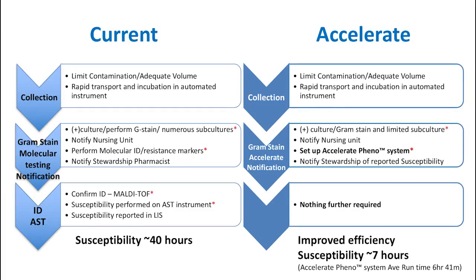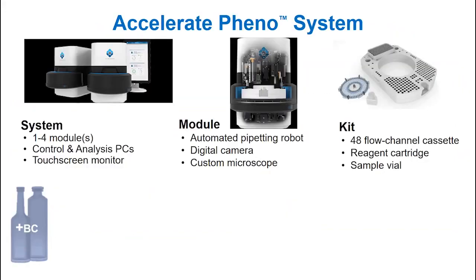You can see there's fewer steps in the process, and so it's a much more efficient testing system, and we can provide a susceptibility within 7 total hours after the inoculation into the system. So we really think we're not only doing a more rapid job for our physicians and for our stewardship pharmacists and individuals, but we're also more efficient in the laboratory in the way that we are testing.